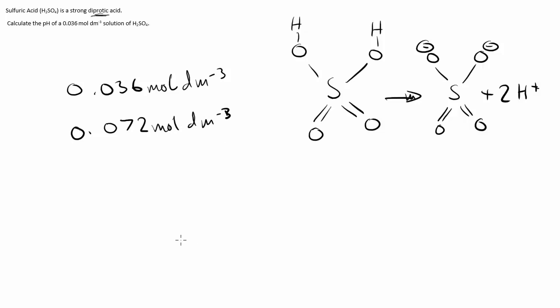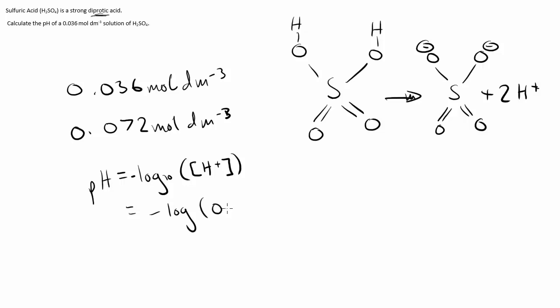We know from the formula that pH is equal to minus log in base 10 of the concentration of the H plus ions in the solution. Given this, we can put in 0.072, so that would be equal to minus log of 0.072.